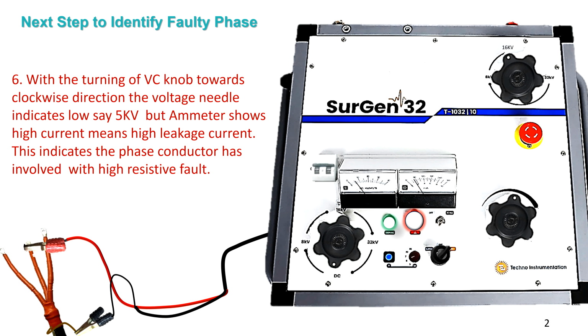With the turning of the variac knob toward clockwise direction, the voltage needle indicates low, say 5 kV nearly, but the ammeter shows high current, meaning high leakage current. This indicates the phase conductor is involved with a high resistive fault.